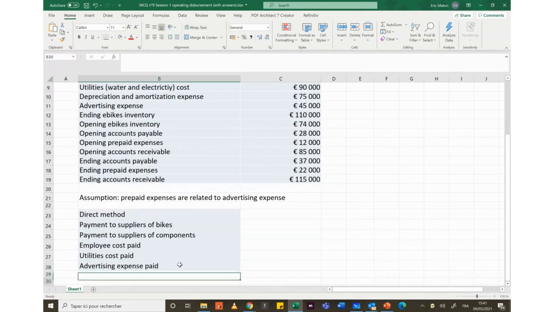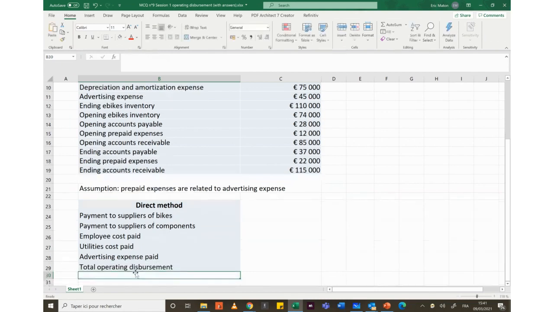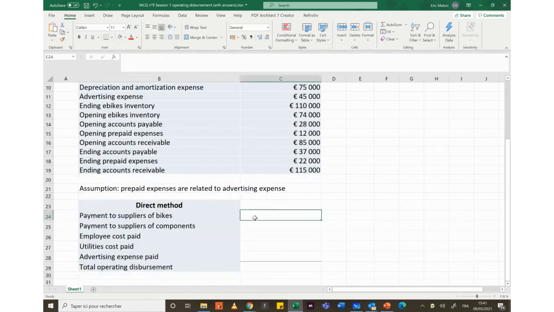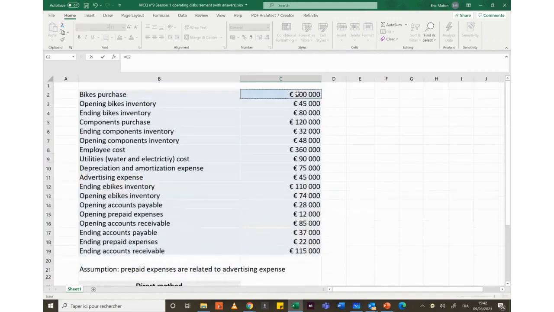Now, the direct method here, we have the total operating disbursement. So the payment to suppliers of bikes. So we have the purchase. The question is what is paid.